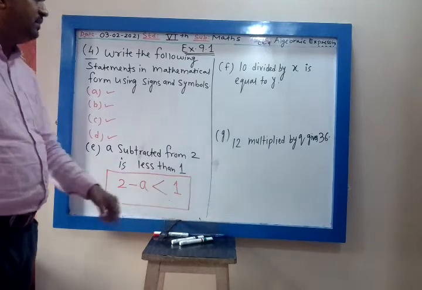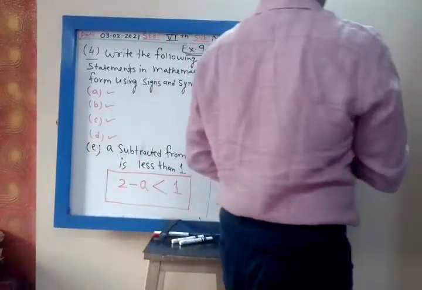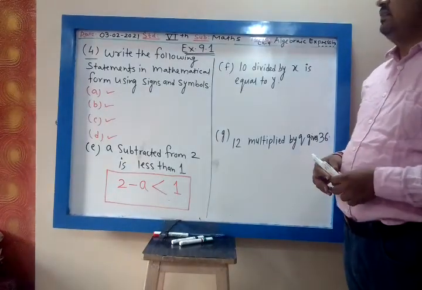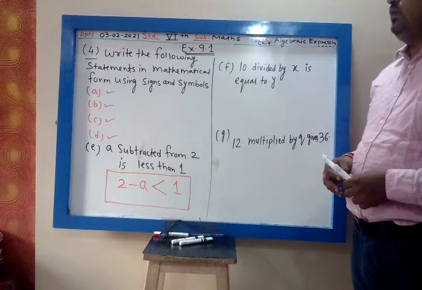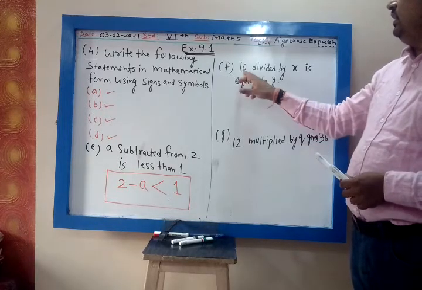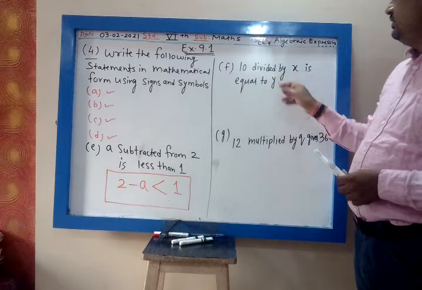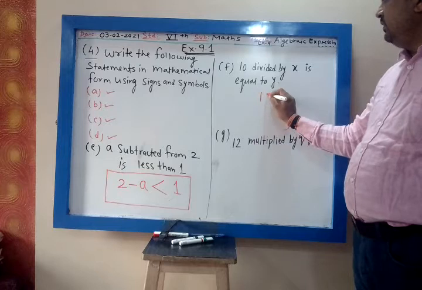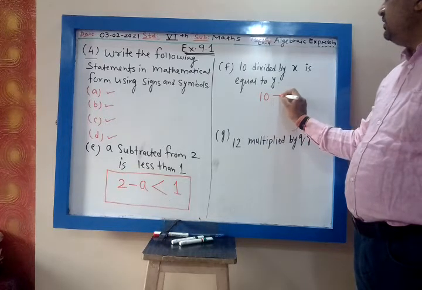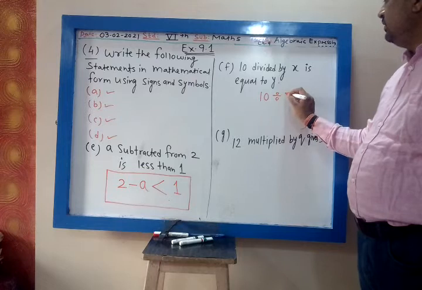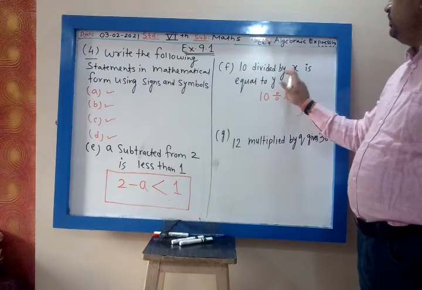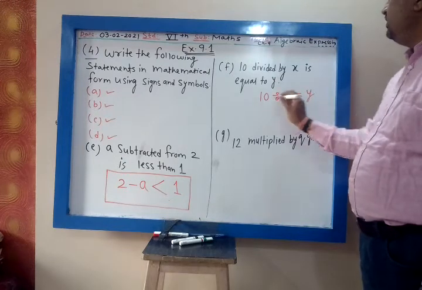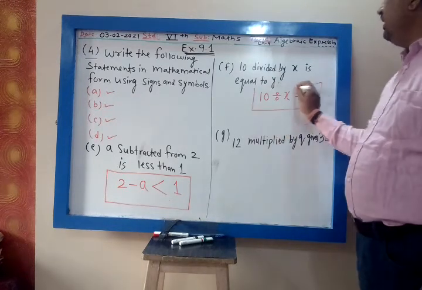Let us do 10th one, F. 10 divided by X is equal to Y. So we write 10, divided means division symbol, divided by X. So 10 divided by X is equal to Y. This is the answer.